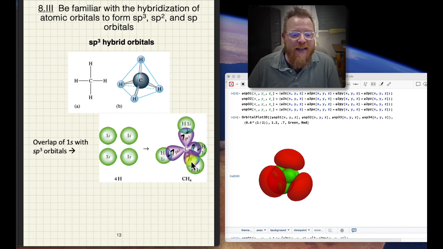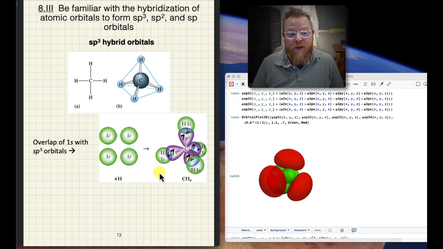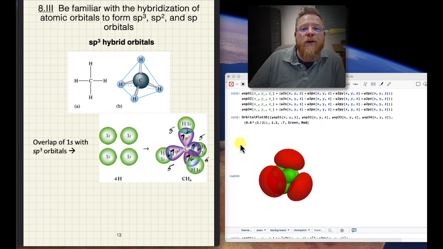And you can see in that region where there's mutual overlap, bonds will accumulate and form. Specifically, that would make a sigma bond. So we would have 4 sigma bonds all around in this molecule, methane. Okay, so that's all good. Hopefully that makes good sense, and that's good review from your previous coursework.